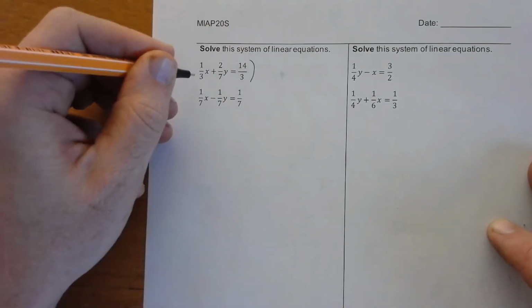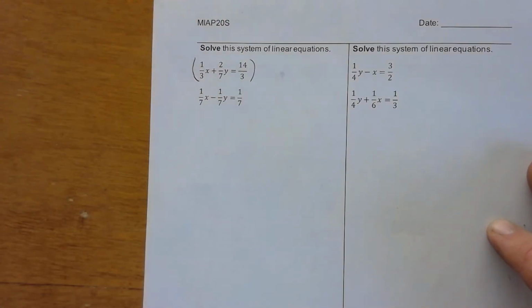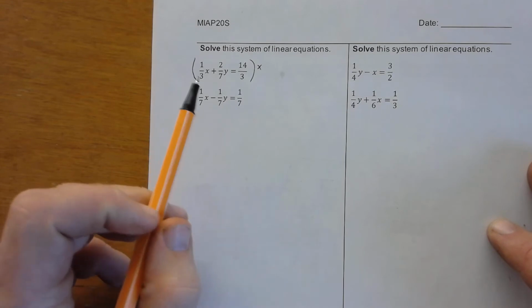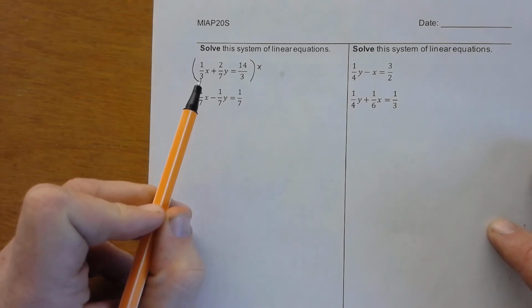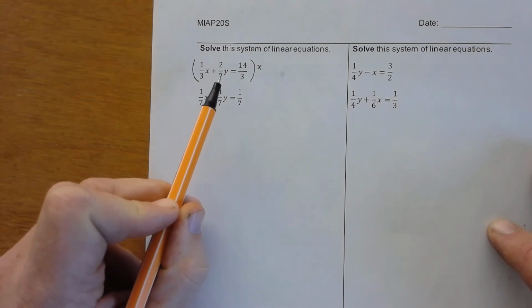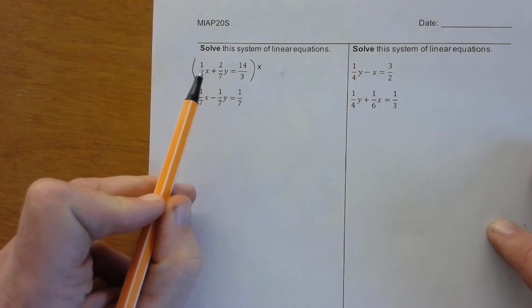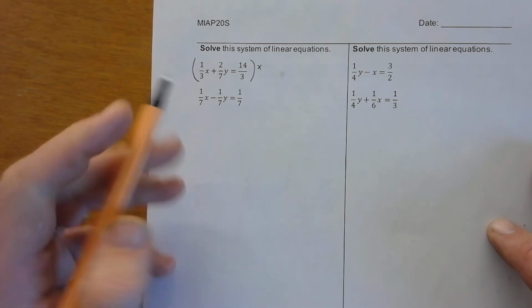Probably the easiest thing to do is take each equation and multiply it by the LCM of the denominators. So I have 3 as a denominator, 7 as a denominator, and 3. So the LCM of those 3 numbers is 21.